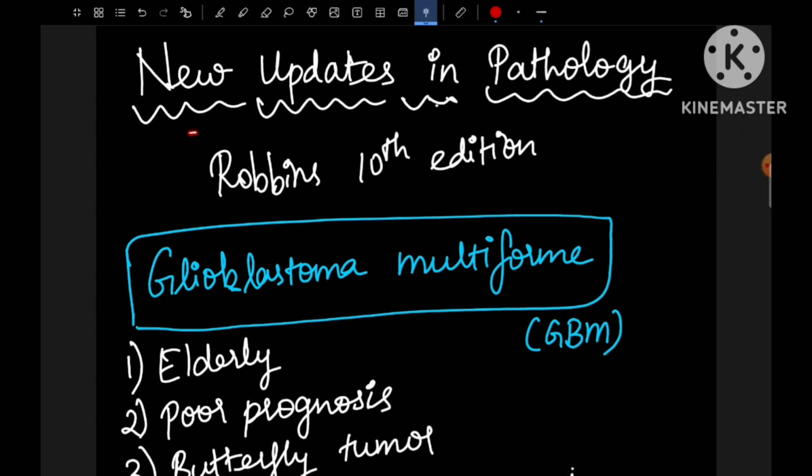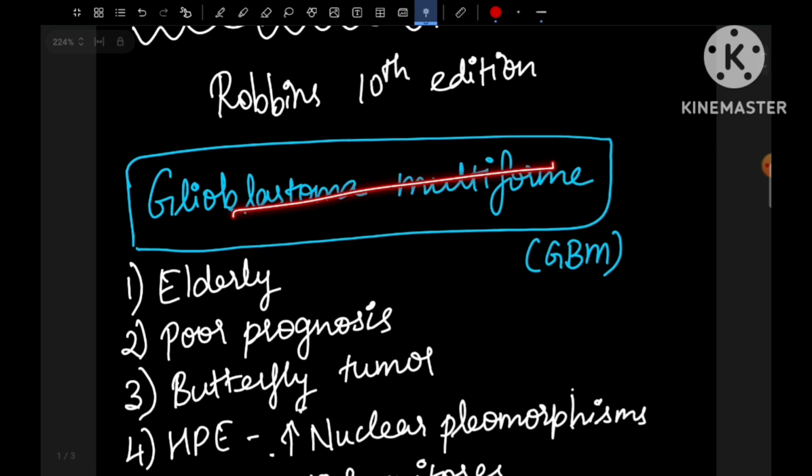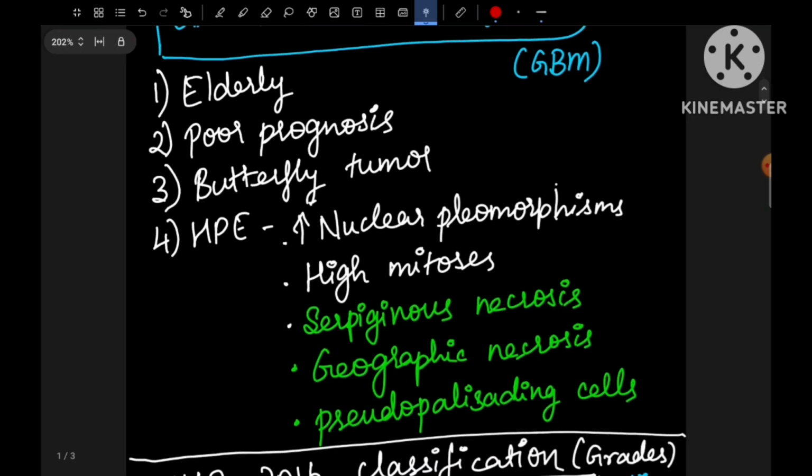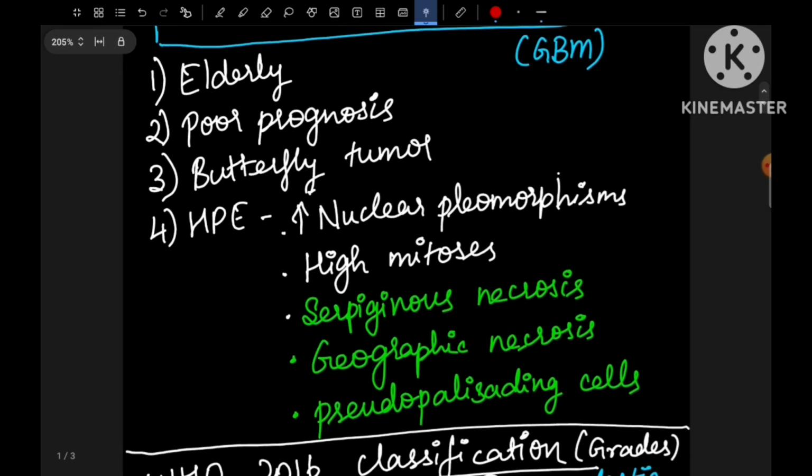So, new updates in pathology. See Robbins 10th edition. From that, we have discussed glioblastoma multiforme. General features and a few points in summary: it occurs usually in the elderly, poor prognosis, butterfly tumor, and histopathological examination shows increased nuclear pleomorphism, high mitosis.